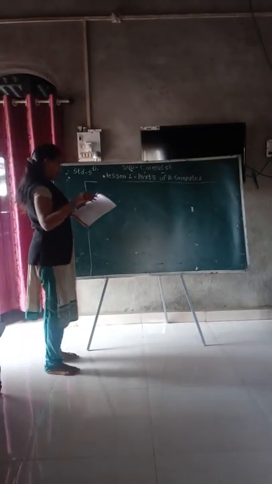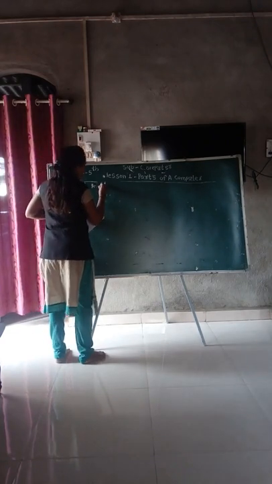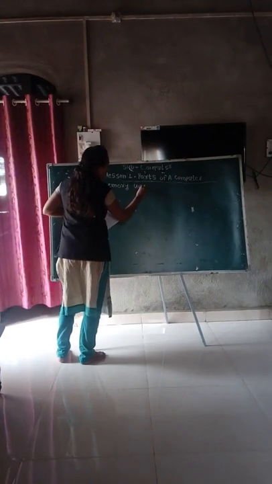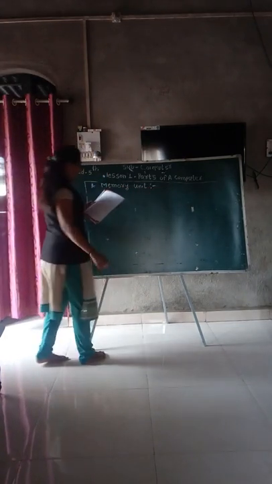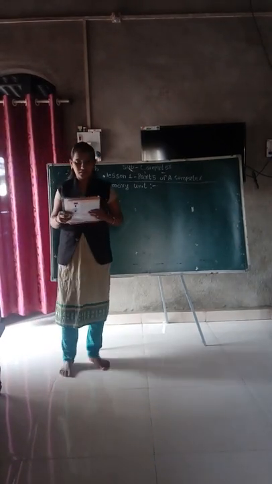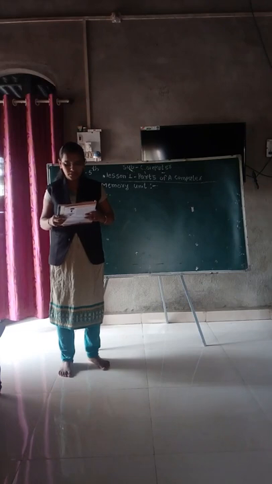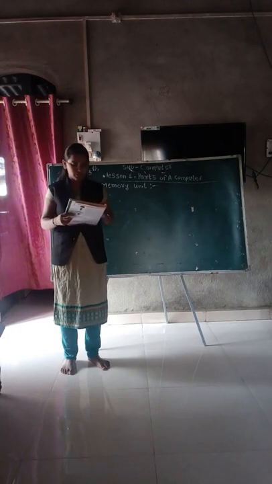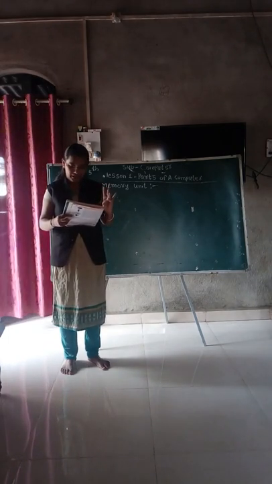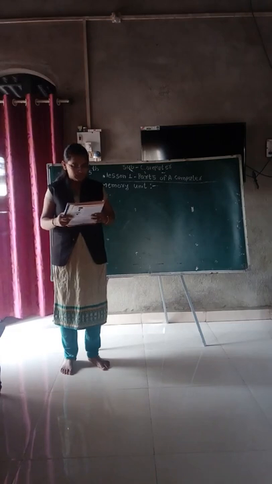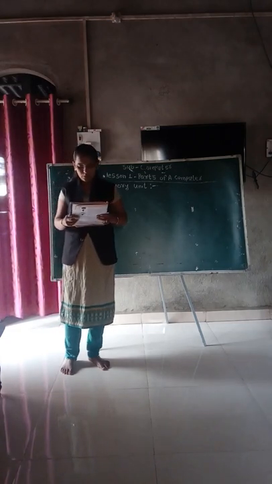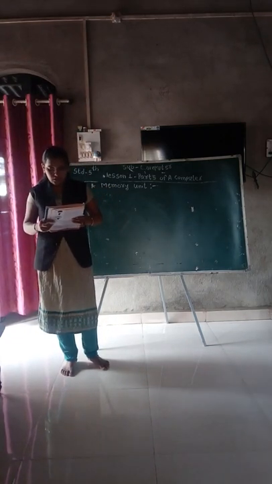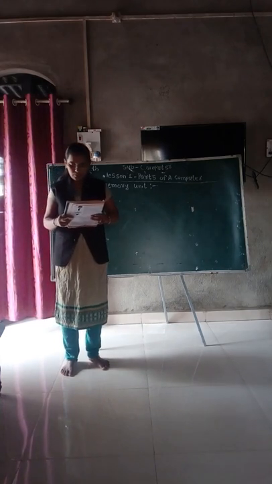Next point is the memory unit. This unit stores instructions, data and intermediate results. It supplies information to the other units of the computer when needed.